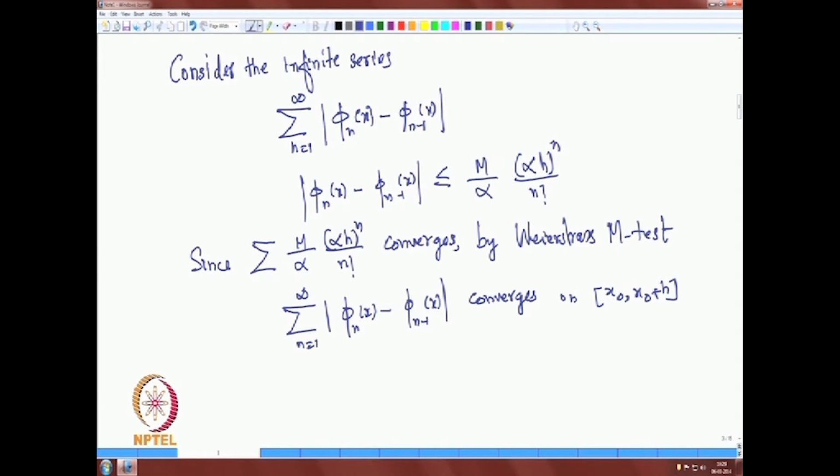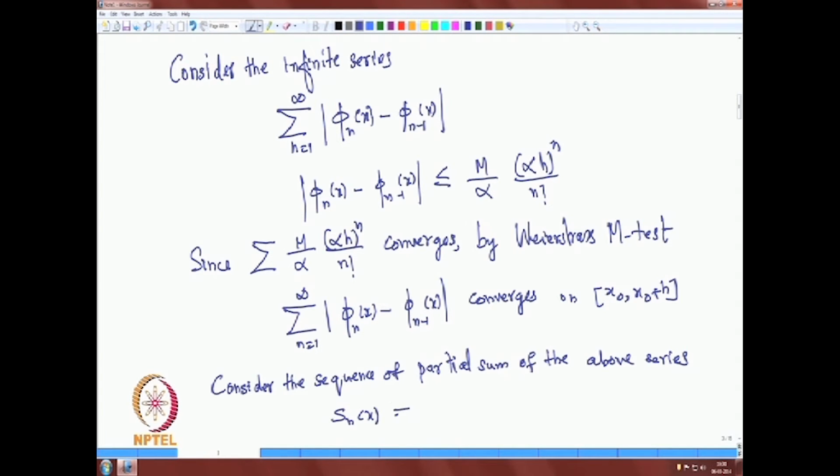Now, if this infinite series converges, what is the limit of it? To what is it converging? For that, let us consider the sequence of partial sums of the above series, and call it Sn.